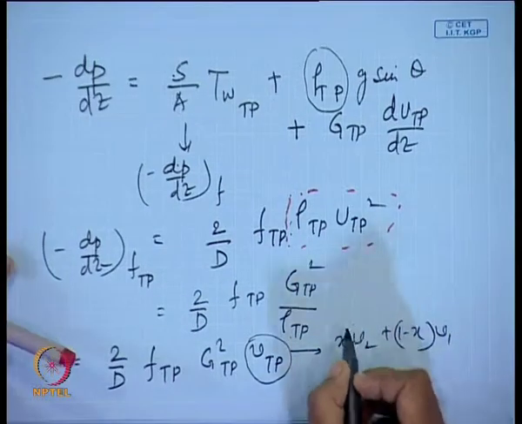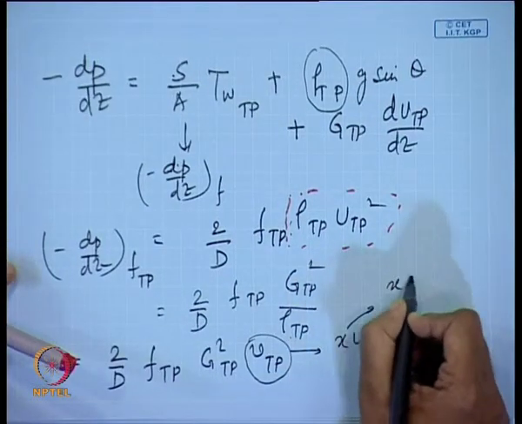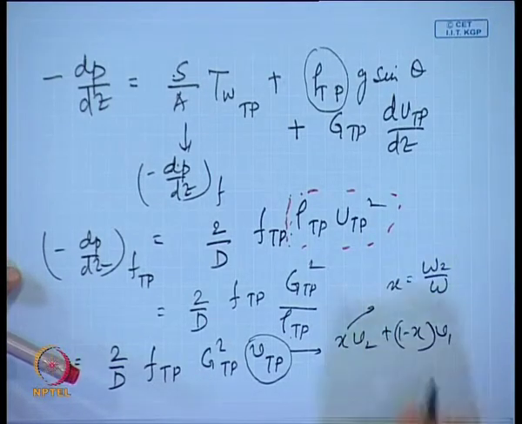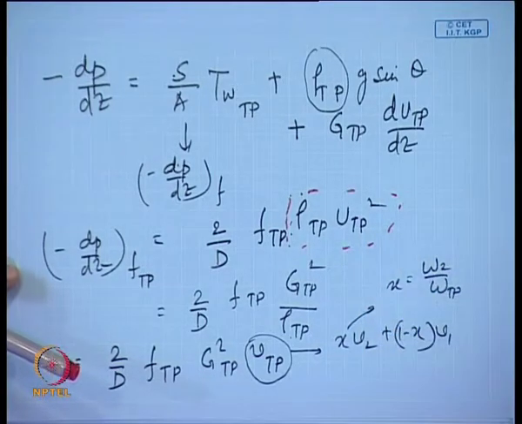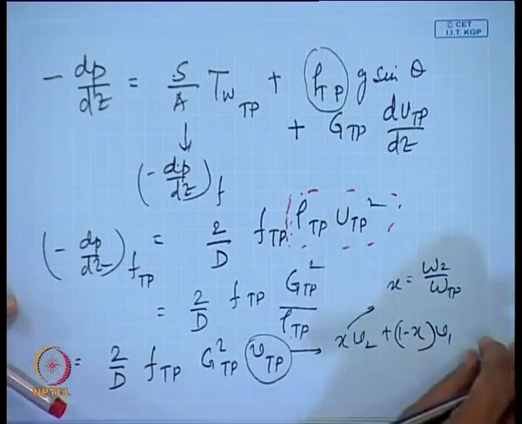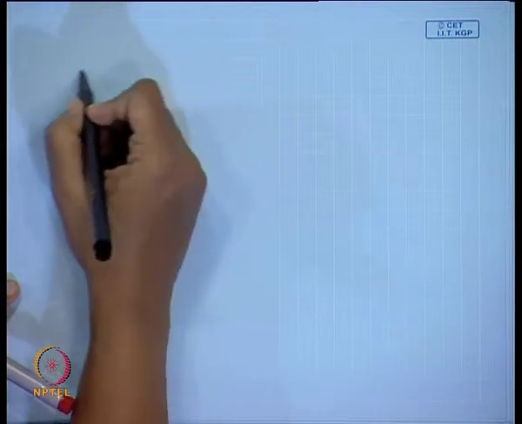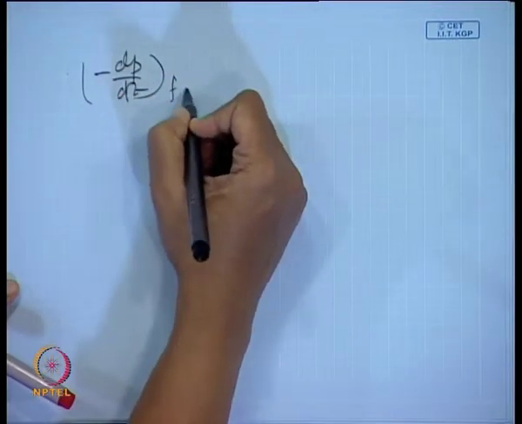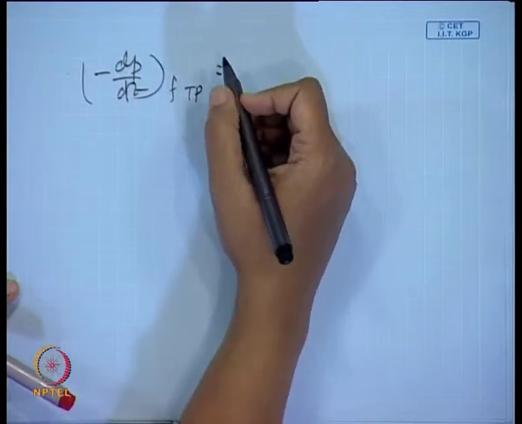Okay. And again x, as I have already mentioned, is also an input parameter, fine. So, therefore, if you substitute this, then from there what do we get? We get the frictional pressure gradient for the two phase flow situation.